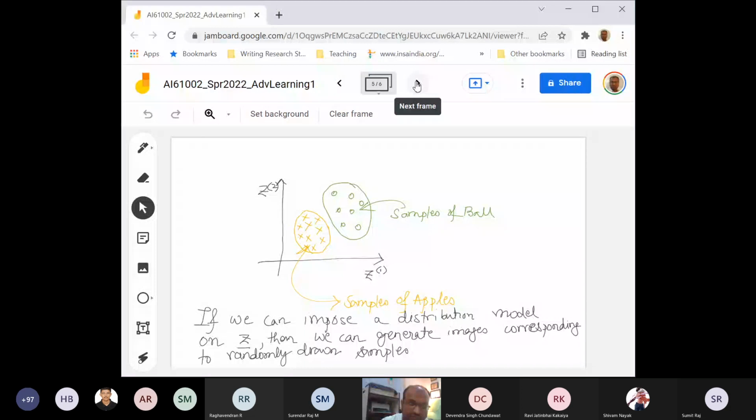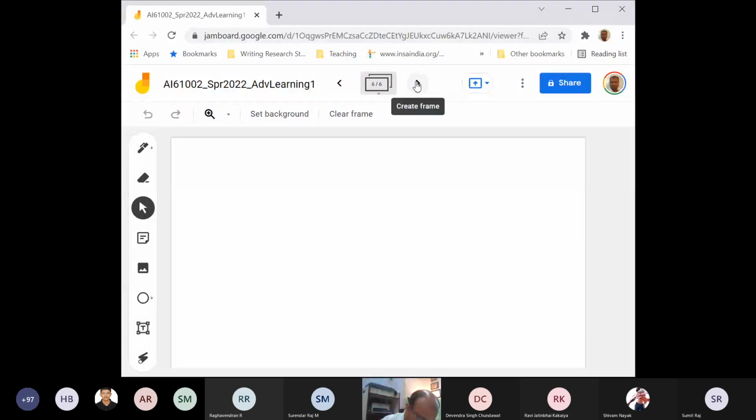So what I am doing now is that I have this distribution model, and I will be able to generate, say, a series of different kinds of apples corresponding to every point.